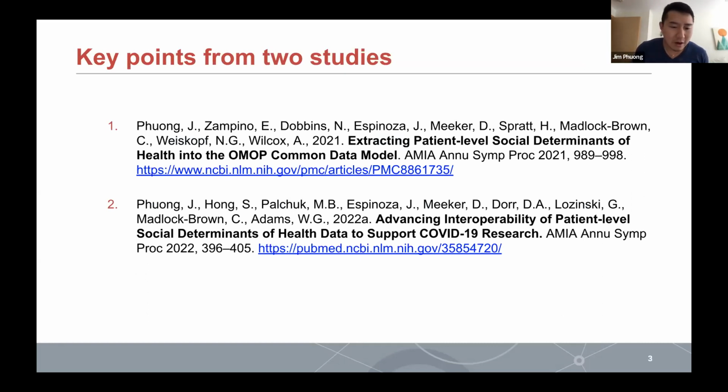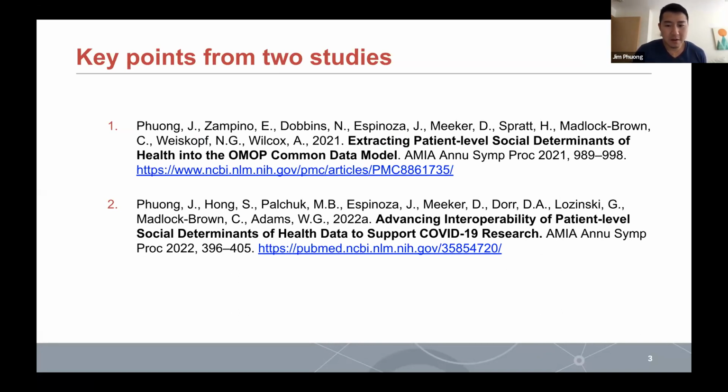Although the name of this talk is extracting patient-level social determinants of health into OMOP common data model, this is actually the first of 2 papers that are represented within this talk. My short keyword for each of these papers is that the first paper is focusing on a direct route in which patient-level social determinants of health might get from an electronic health record to an OMOP common data model.